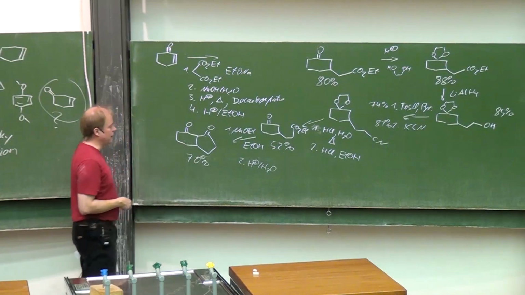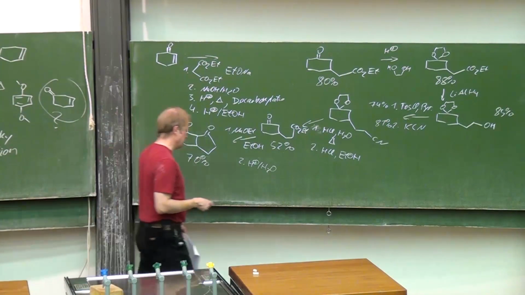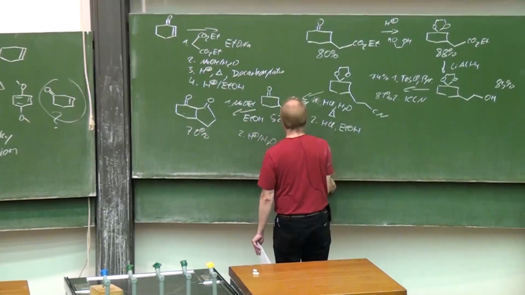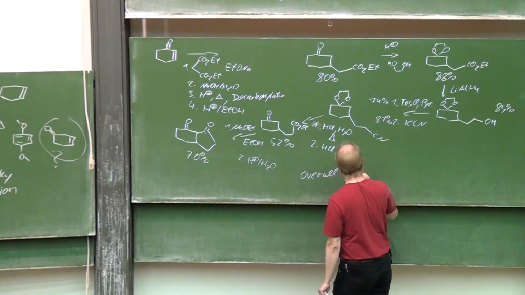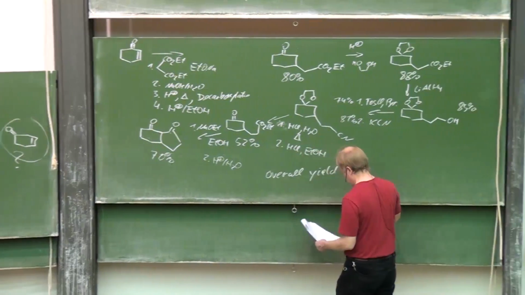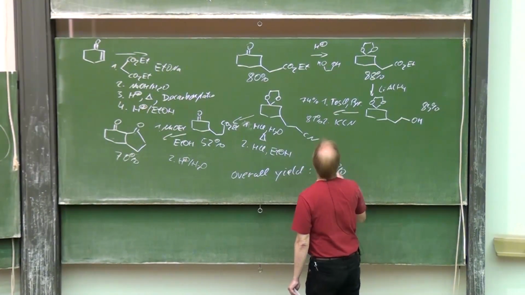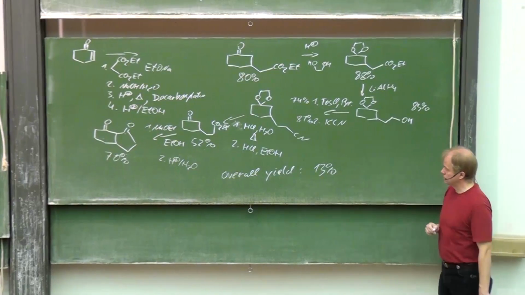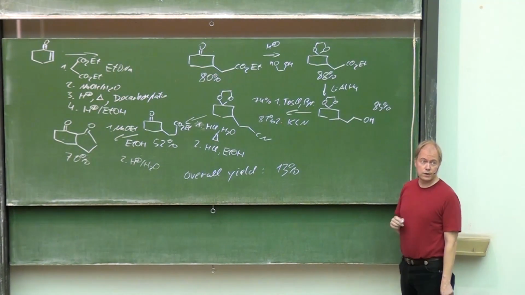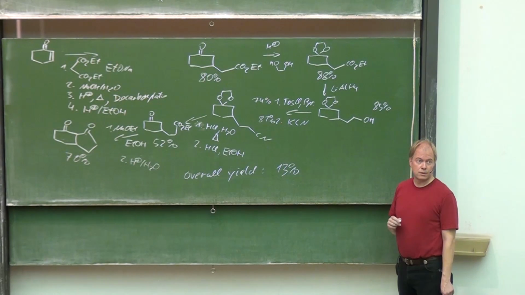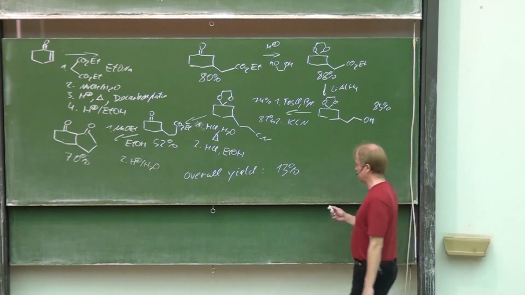So if you calculate the overall yield of this sequence, it is just about 13%. So we should think about maybe a somewhat more clever alternative.